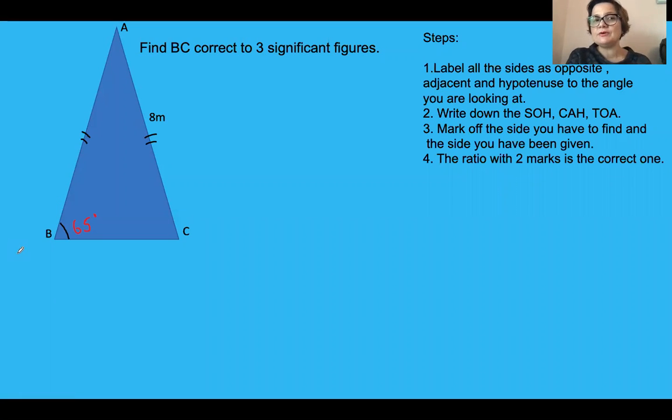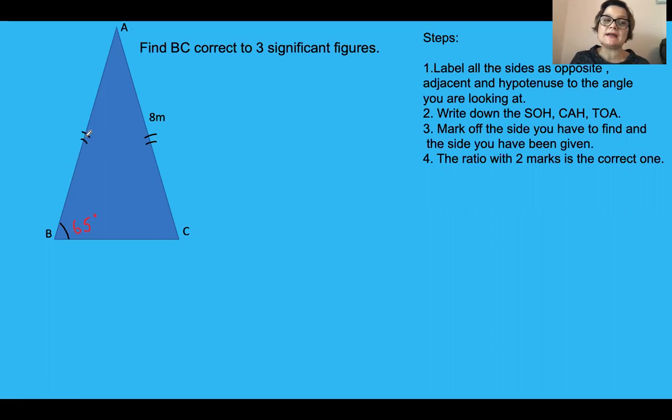Right, here we have a problem. We have a triangle ABC, and the question says, find side BC correct to three significant figures. Just by looking at the picture, there are a couple of marks on these two sides of the triangle, side AB and side AC.